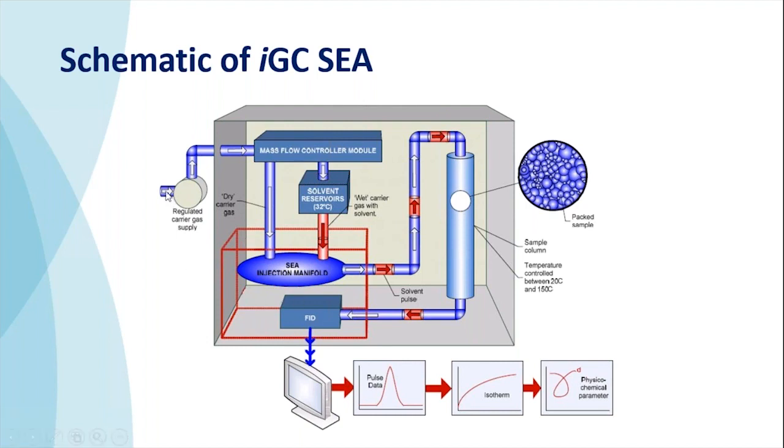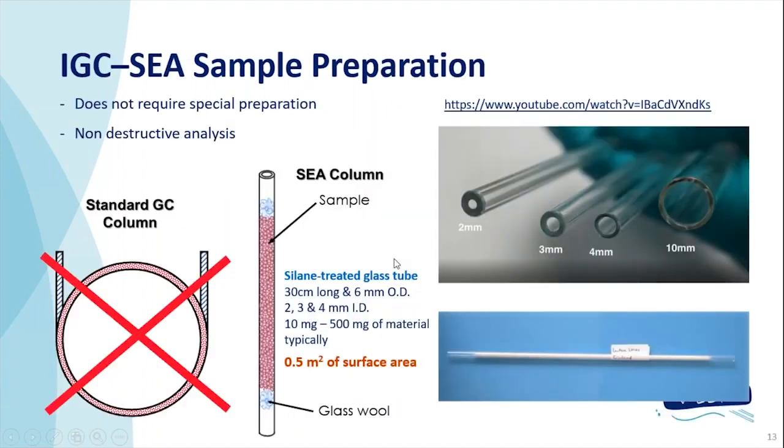So just an aside. There's a carrier gas that constantly flows through the system, and then we inject different molecules at different temperatures or flow rates or concentrations. All of that is controlled by a PC that basically does all the work for you. The only thing you have to do is pack a column. The columns are typically a 30 centimeter glass column.